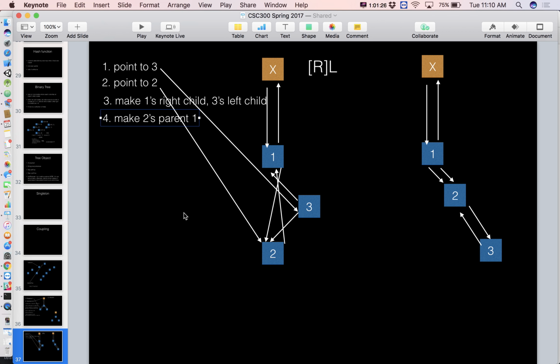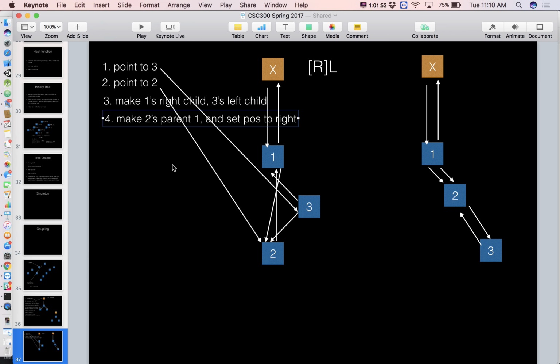And not only that, we also need 2 to know that he is the right child. Okay. So 2 now points to 1, and he's a right child.